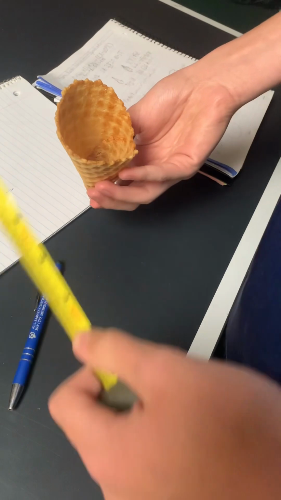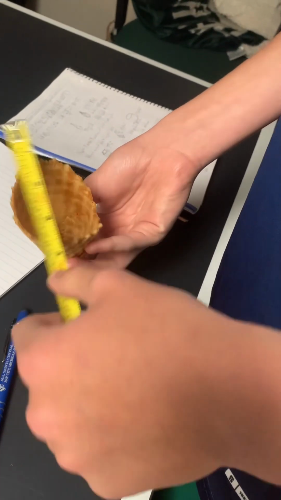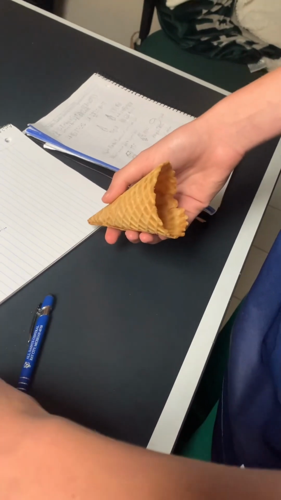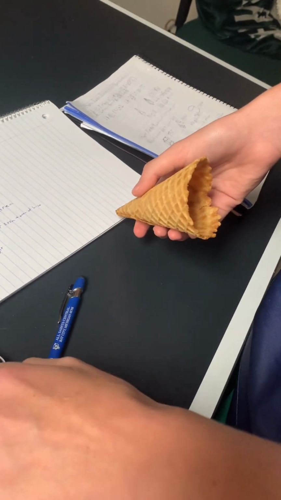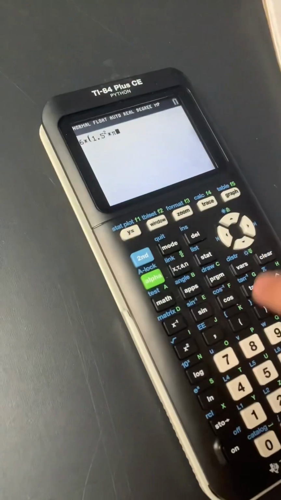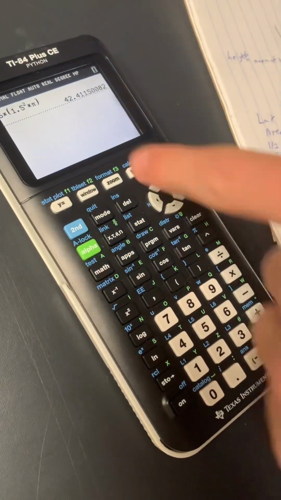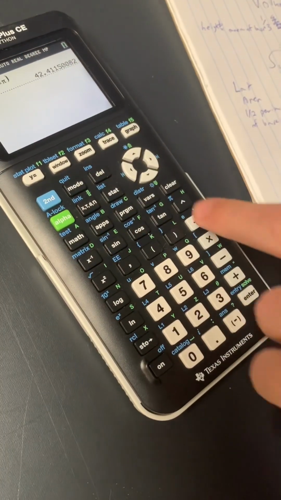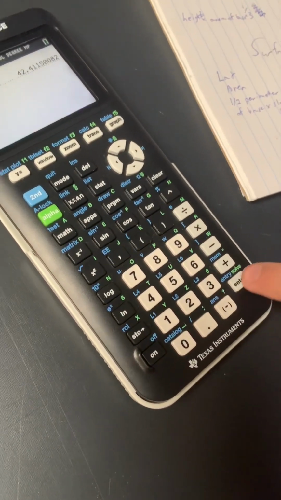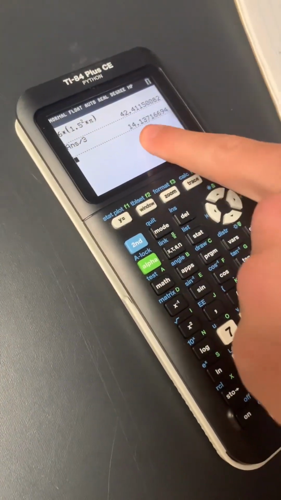The area of a circle is pi r squared, and the diameter is about 3, so half of 3 is 1.5, squared, times pi. Do that, 42.2. Divide that by 3, because you multiply it by 1/3, and you get 14.14 for the volume of this cone.